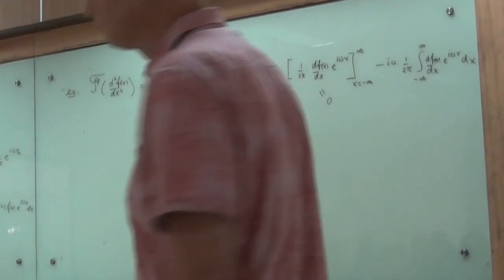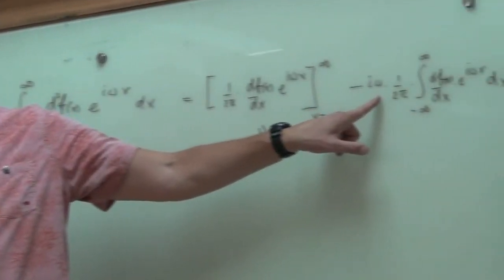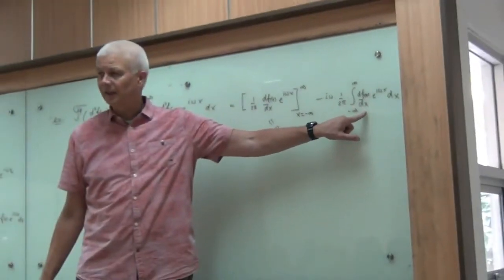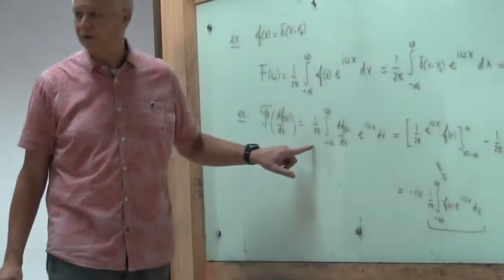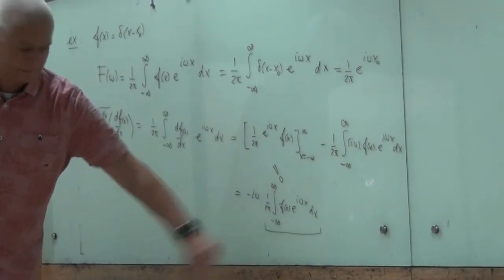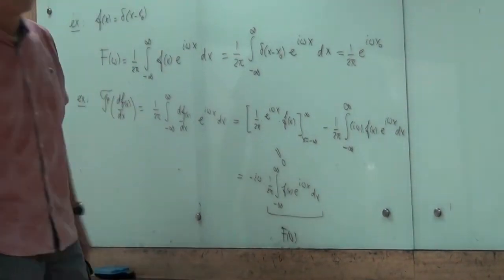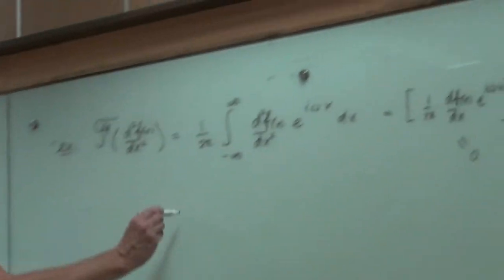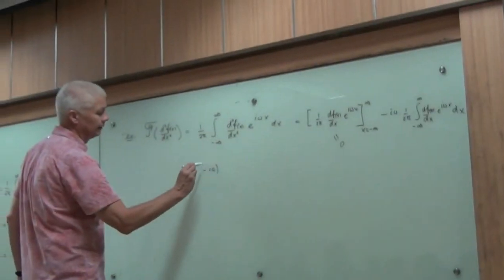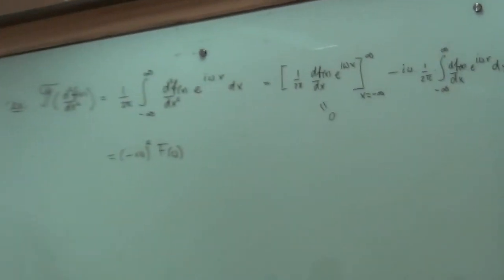So this again will give me 0. And then if I look carefully, it's minus i omega times 1 over 2 pi df/dx. Hey, that's the same example as I computed here. That's this integral, that's the first order derivative. And that was equal to minus i omega times f omega. So this then becomes equal to minus i omega squared f omega.